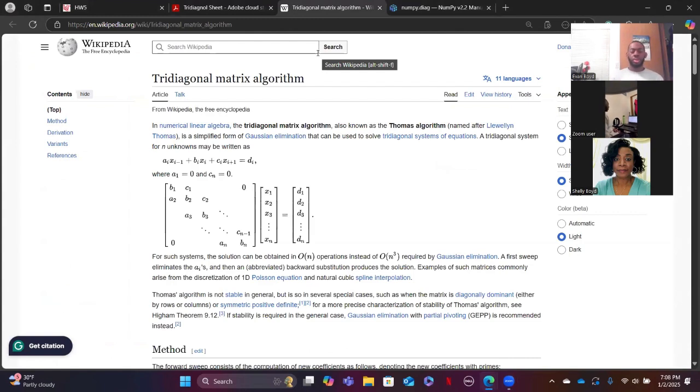So for example, I wish Wikipedia was more detailed, but I can explain it. If we have a system, like in the previous video with our linear heated rod, which had heated plates on both sides, we had a diagonal matrix.